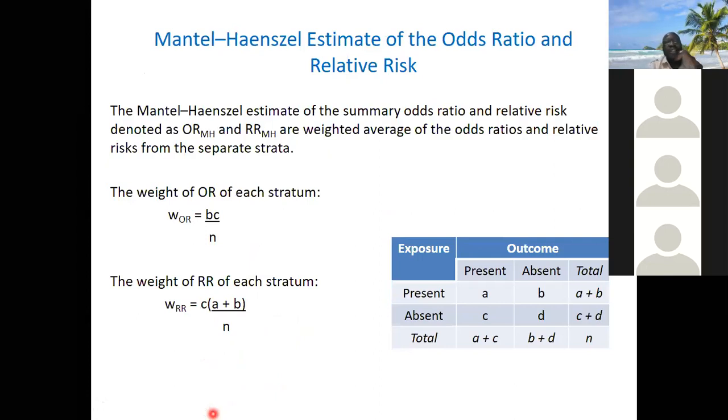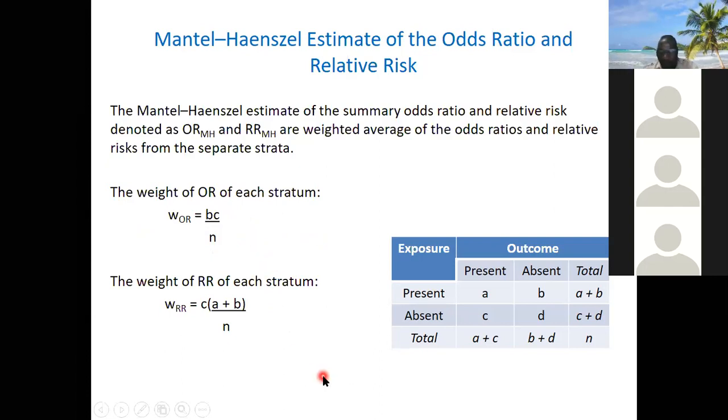The Mantel-Haenszel estimates of the summary odds ratio and relative risk, denoted OR Mantel-Haenszel or RR Mantel-Haenszel, are weighted averages of the odds ratios and relative risks from the separate strata.